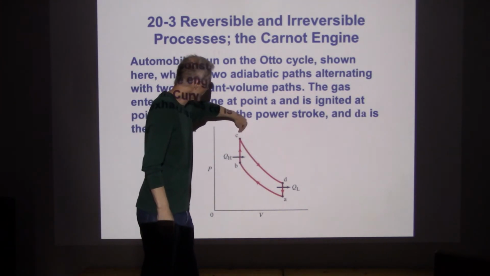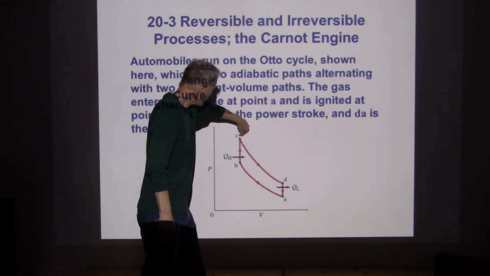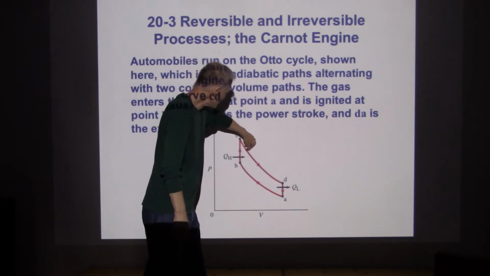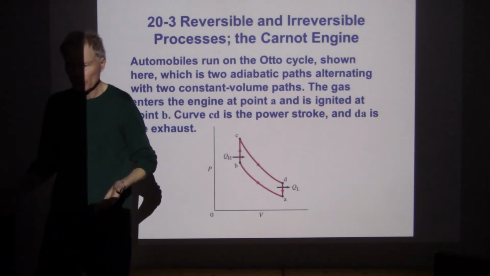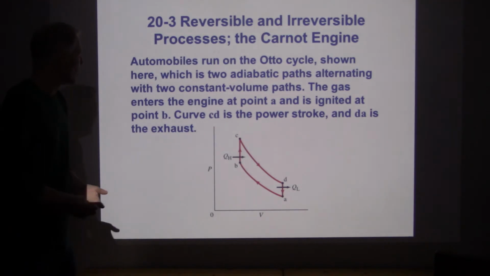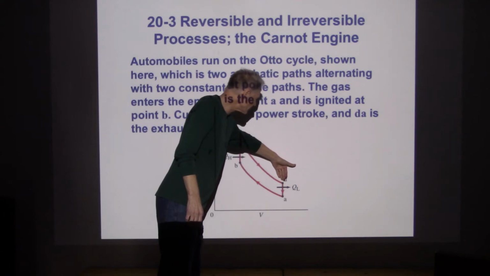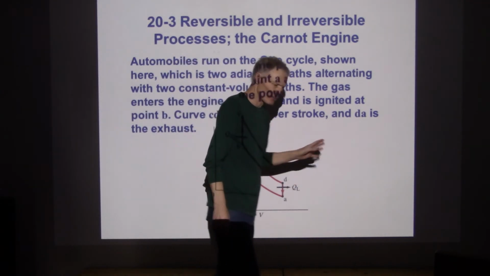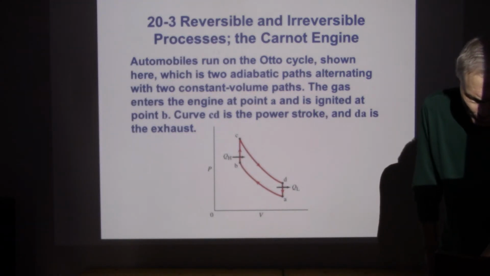We've generated a lot of pressure, and the pressure pushes the piston back out, and that's where we get the work produced. And then once the piston is all the way out at maximum volume, we open up an exhaust valve and let this stuff out. So it's cycling over and over again.